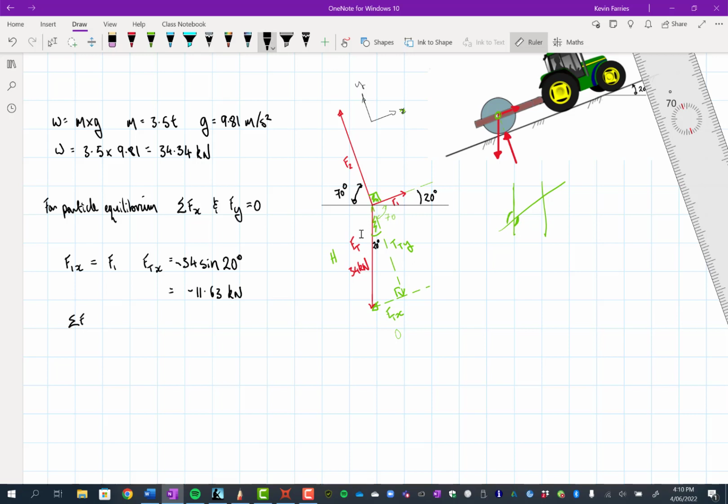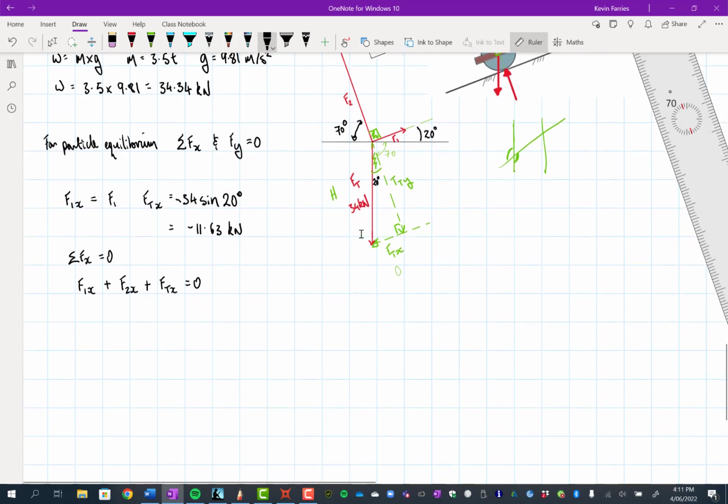Sum of Fx equals 0. Let's write it out. Therefore, f1x plus f2x plus ftx must be equal to 0.